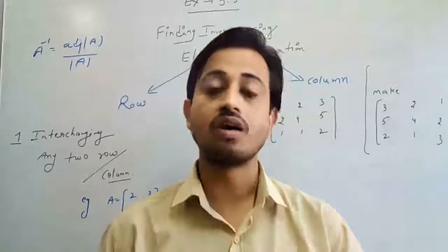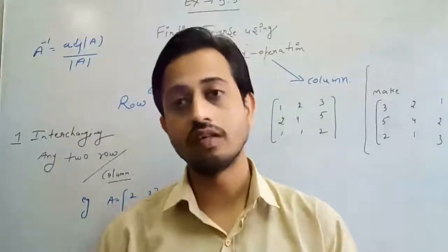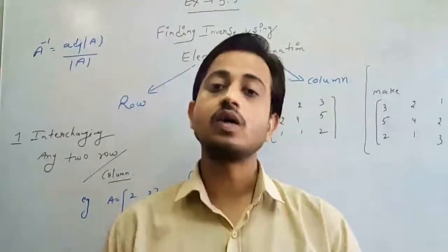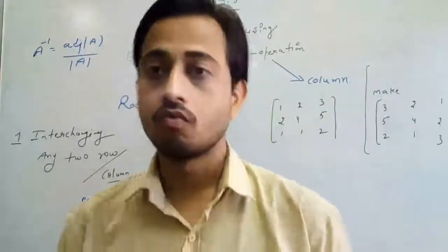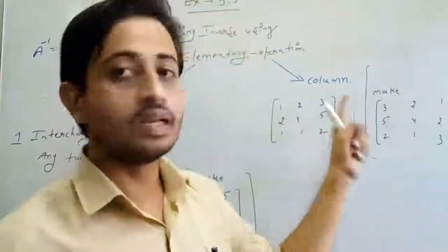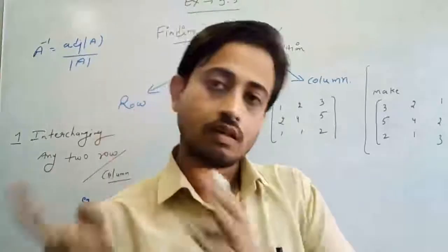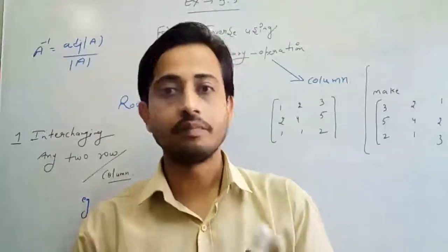This operation is called elementary operation. This is our second method to find the inverse. Elementary operations are basically of two types. First is the row elementary operation and second is the column elementary operation. But you can use only either row operations or column operations.